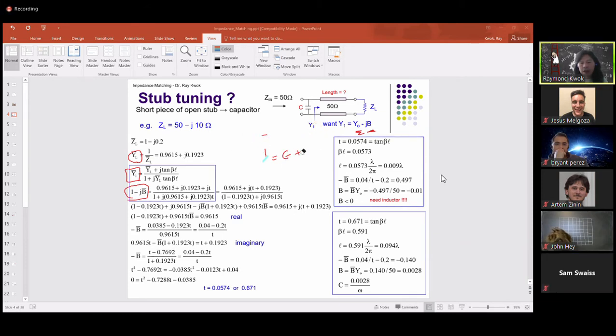Okay, so again, I want to write this admittance looking in here as 1 minus jB. And then I'm going to use this formula, where my Y naught is what I normalize, so that's my Y naught here, plus j tangent beta L. Instead of writing tangent beta L every time, I'm just going to write T. So T is the same as tangent beta L. I just don't want to write it out all the time.